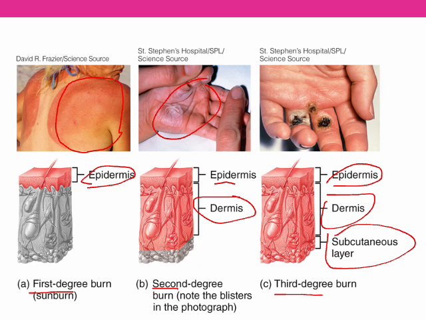Because with burns, if the skin does not regenerate, then microbes are going to enter the bloodstream, and overall, the body is not going to be able to fight the microorganisms for a long period of time.